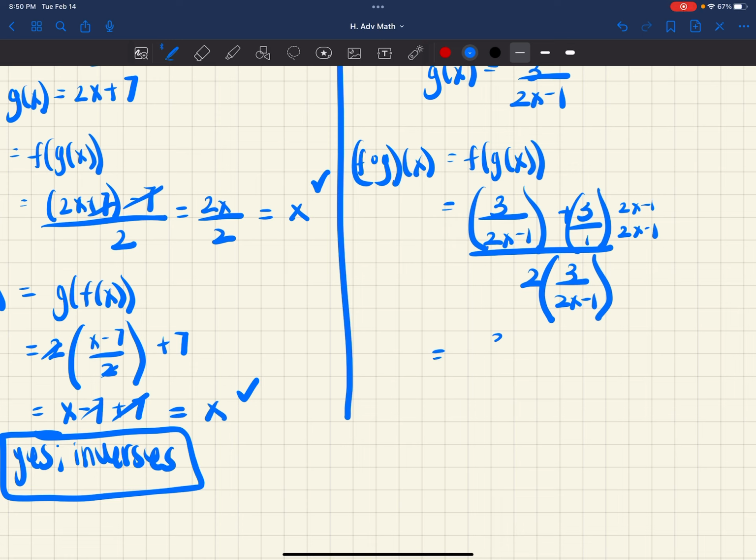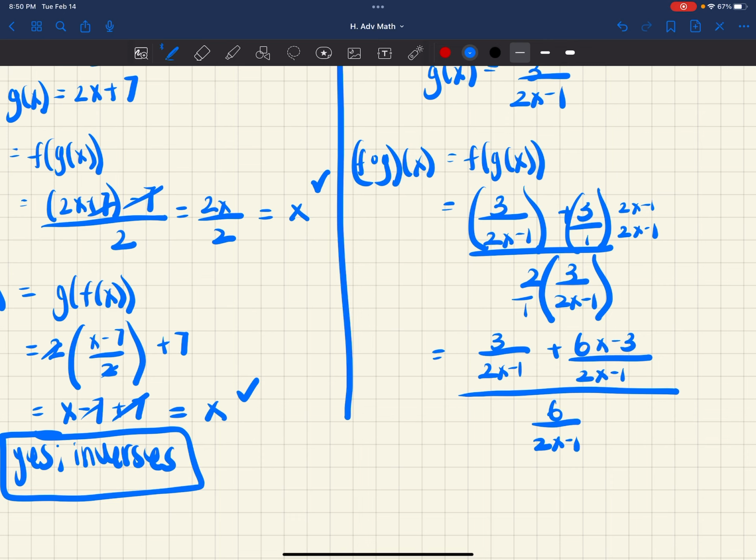So this will turn to 3 over 2x minus 1 plus, in my numerator, 6x minus 3 over 2x minus 1. All over down here in the bottom, we're just multiplying two fractions. So you can think of this as over 1. You just multiply numerator with numerator, denominator with denominator. So this will turn to 6 over 2x minus 1.